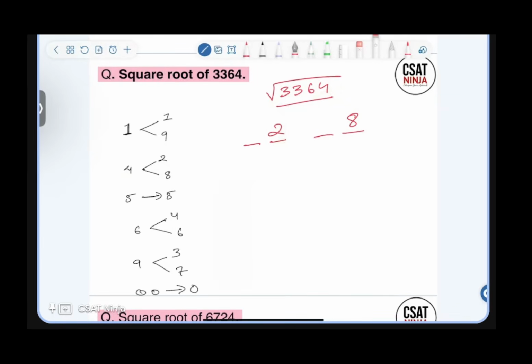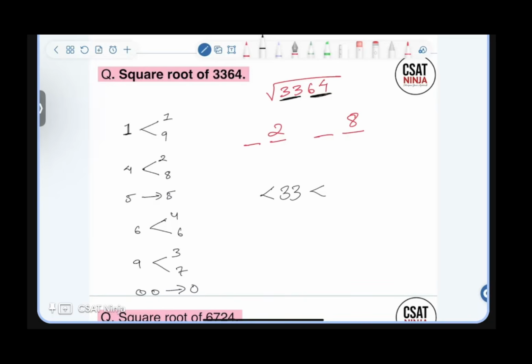And next, we will divide into pairs of two digits from this side. You take the first two numbers here, which is 33, and you find where 33 lies. 33 lies between which square and which square? What number square and what number square?